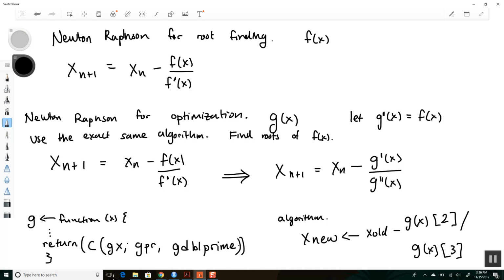Because the second value will correspond to g prime, and then the third value in the vector that the function returns will be g double prime. So you just need to have this somewhere in your algorithm. Is this okay? Okay.